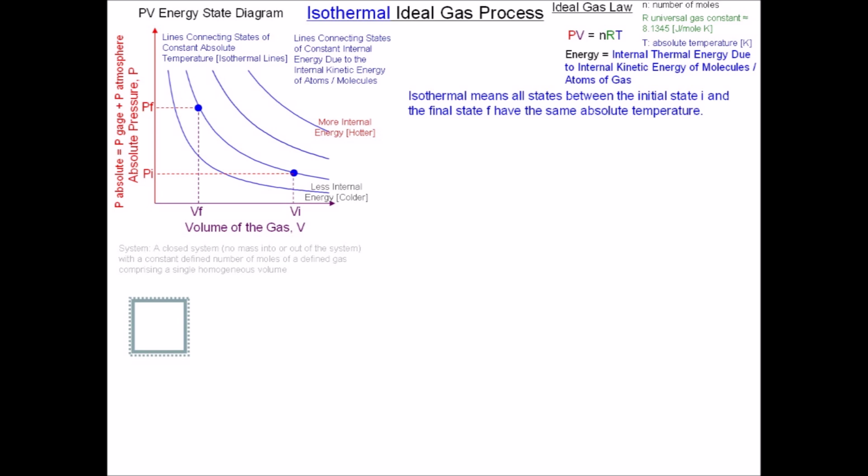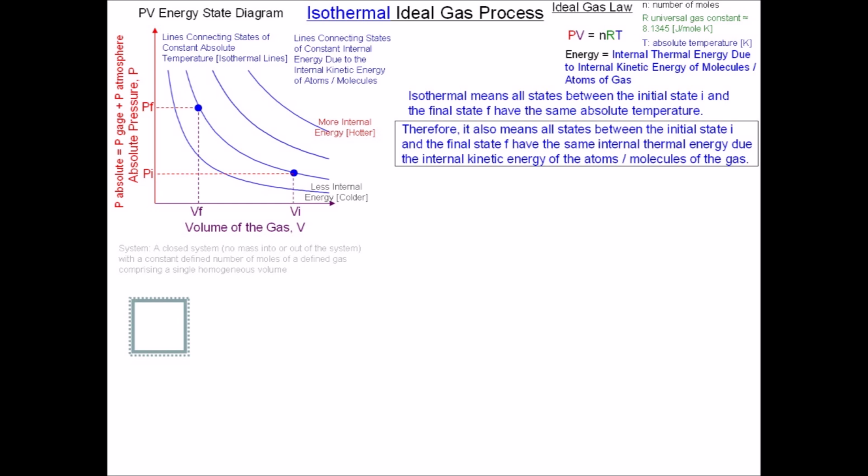The definition of isothermal is that the initial state, the final state, and all intermediate states are on the same isothermal curve. Every state intermediate between the initial and final has a constant internal energy due to the internal kinetic energy of the atoms or molecules in the system.